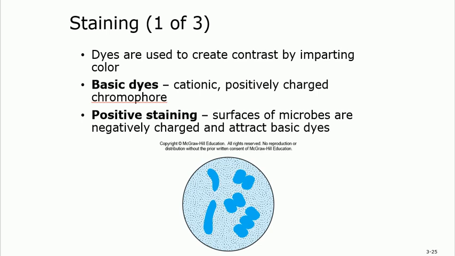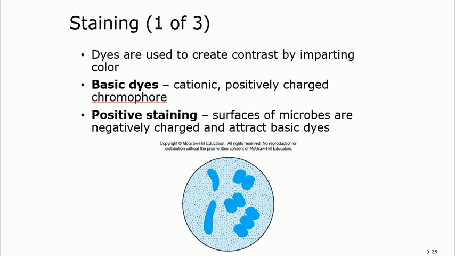What kind of dye are you using? I can use a basic dye or an acidic dye. Basic dye helps you with positive staining. The surface of the microbes is negatively charged and it will attract the dye.